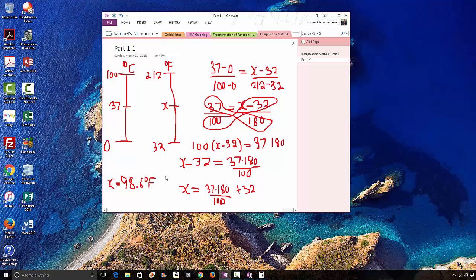So that gives you the answer. That is how you do that: interpolating between the two values.